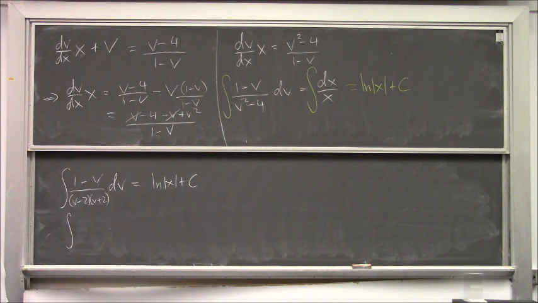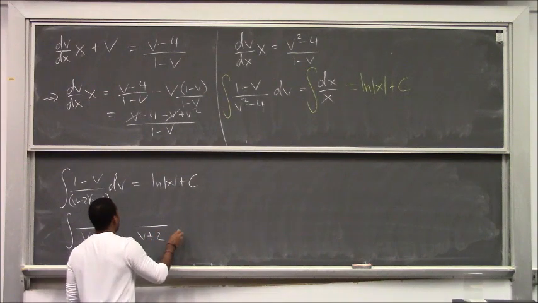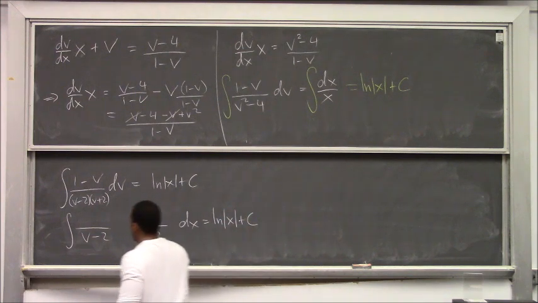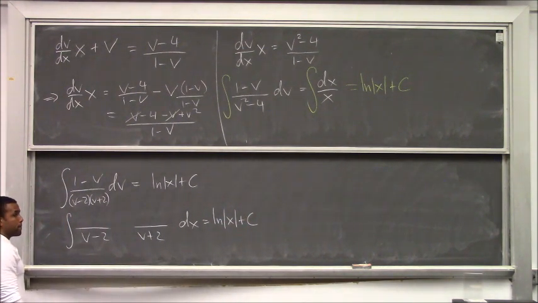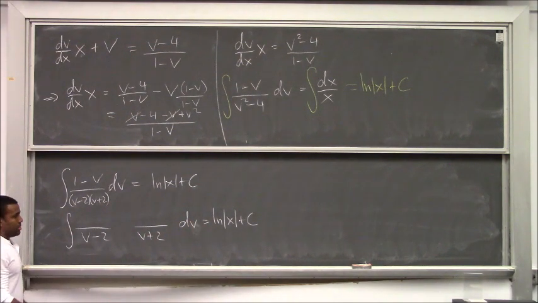So A over v minus 2 plus B over v plus 2 is equal to 1 minus v over v squared minus 4. v minus 2 is going to be one of them, v plus 2 is going to be the other one. What is the numerator? A and B.